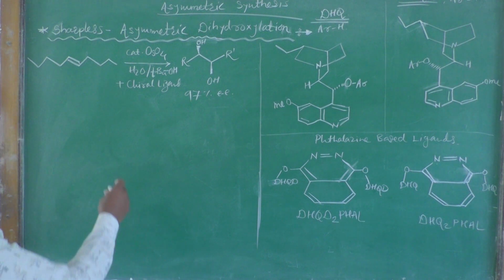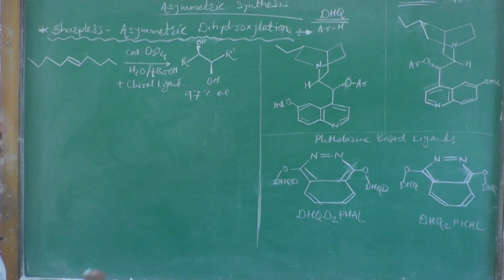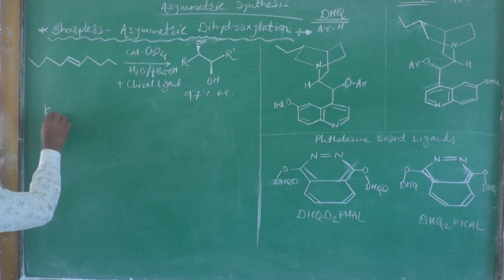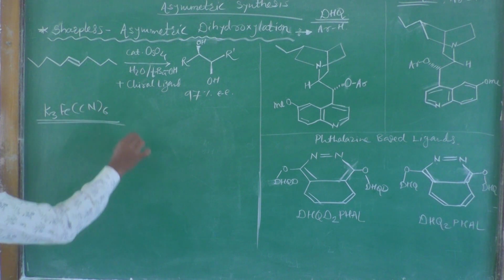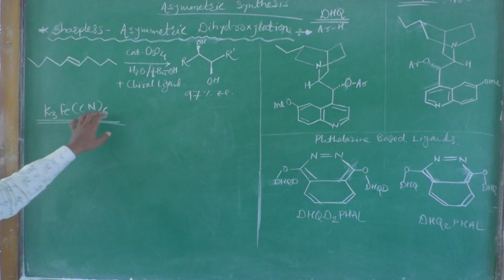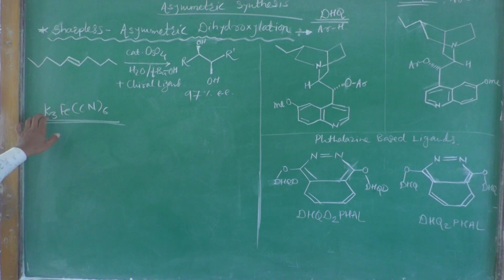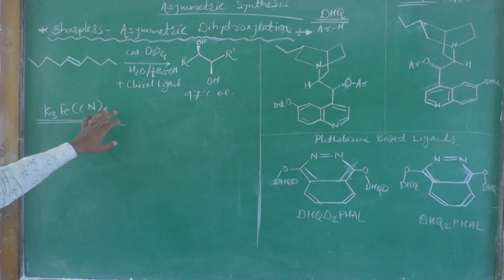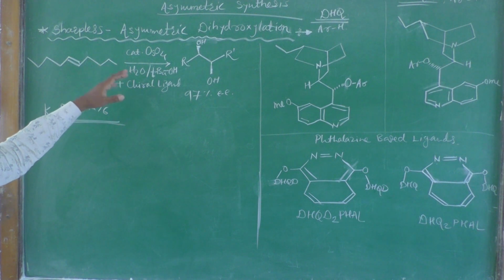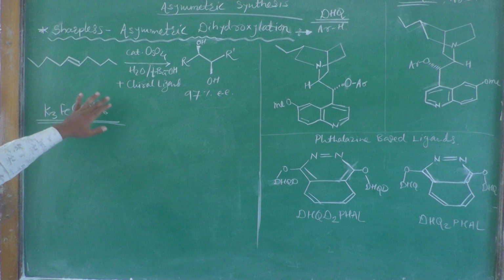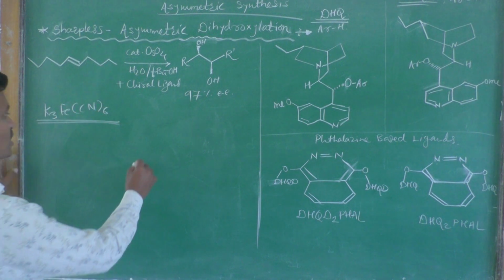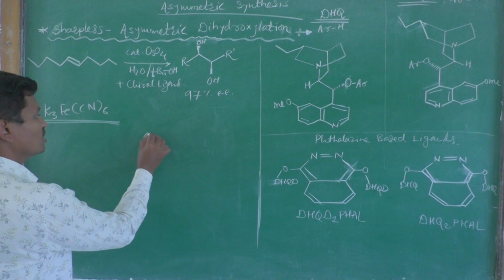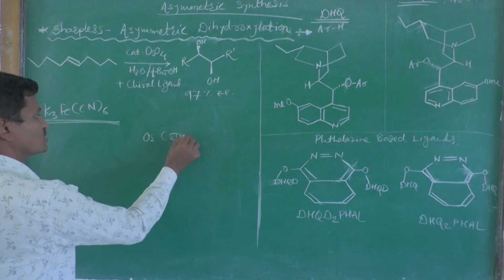Generally this is satisfied by K3Fe(CN)6, potassium ferricyanide, which is used for the conversion of the catalytic osmium tetroxide, where osmium is in the +8 oxidation state.